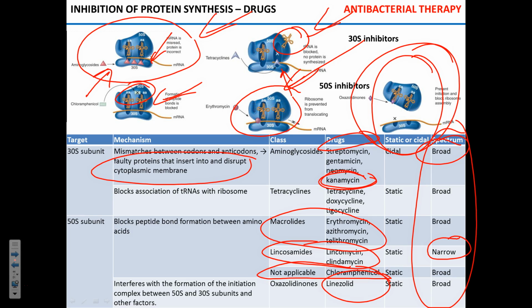Linezolid is often called the supplemental antibiotic. It is advised not to use it as the primary treatment. It is used when other treatment options for the infection have failed. Any idea why? Any reasons? What do you think? It's new.